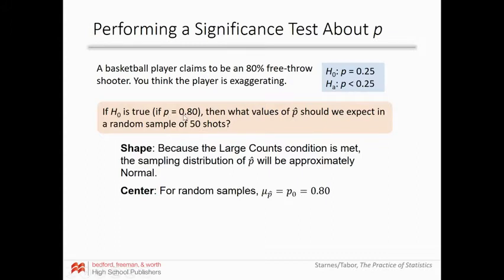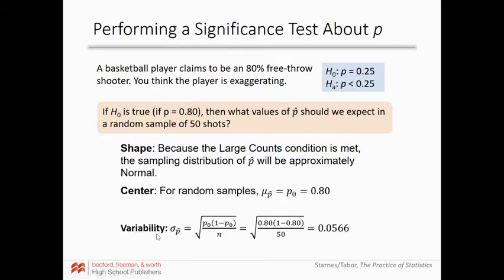We're assuming p naught is equal to 0.8. So we are going to use that as our center for our sample. And then our variability is very similar to the standard deviation, which is going to be the square root of p naught times 1 minus p naught all over n. The reason we can use this formula is because we've met the 10% condition, which allows us to use it.